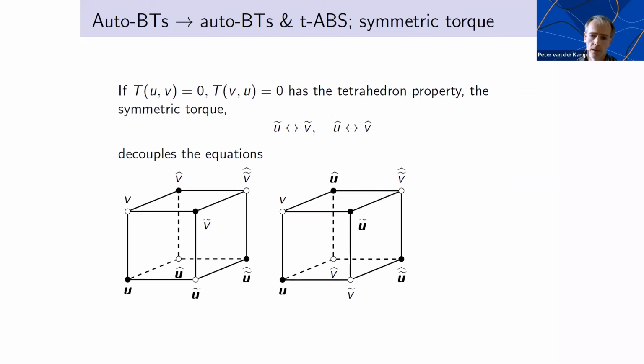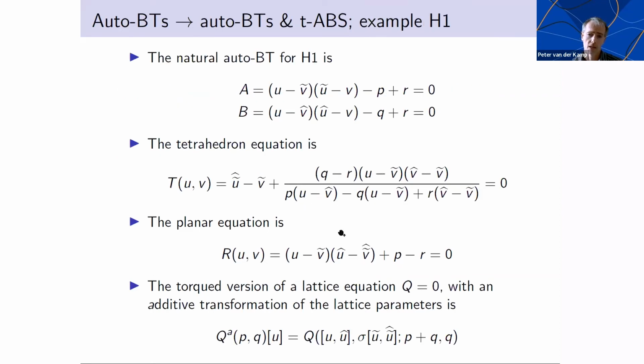And the same thing happens from the tetrahedron property. So for any of the ABS equations, you have the tetrahedron property, and if you then do the switch, you get another ABS equation. So this will give you new Backlund transformations for ABS equations.